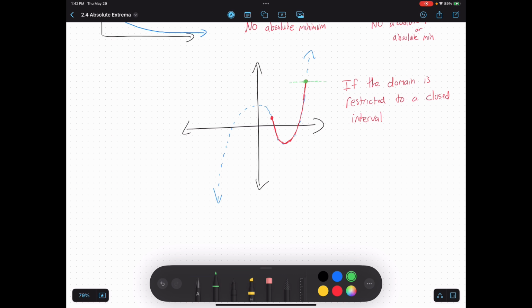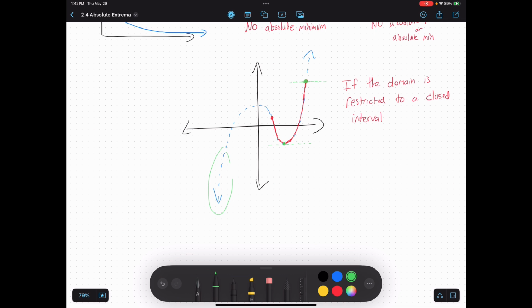And this relative minimum ends up being the absolute minimum because I'm not counting any of those values, because I'm restricting the domain to only this specific section.